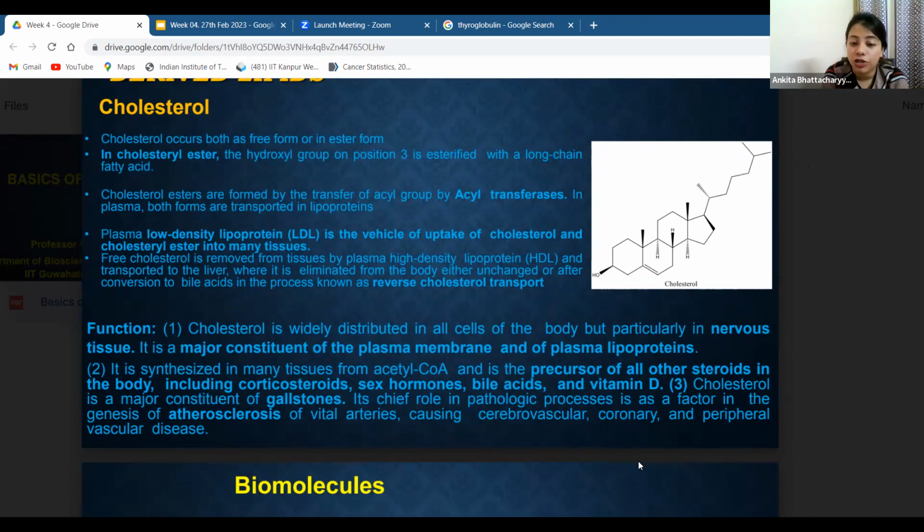It forms a major constituent of plasma membrane and plasma lipoproteins. It's synthesized from acetyl coenzyme A. It's the precursor of all other steroids in the body, like all the sex hormones and corticosteroids. They are all cholesterol derivatives. And also, unfortunately, it's a component of gallstones as well, and its chief role is as a factor in atherosclerosis, causing several types of diseases.